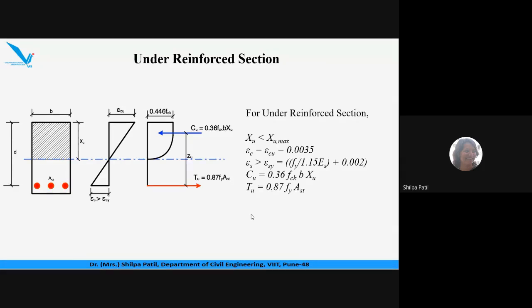You have to always define the types of sections with respect to the percentage of steel provided in the balanced section. The percentage of steel provided in the balanced section is called the critical percentage steel. So under reinforced sections are those in which the percentage of steel is less than the critical percentage steel.